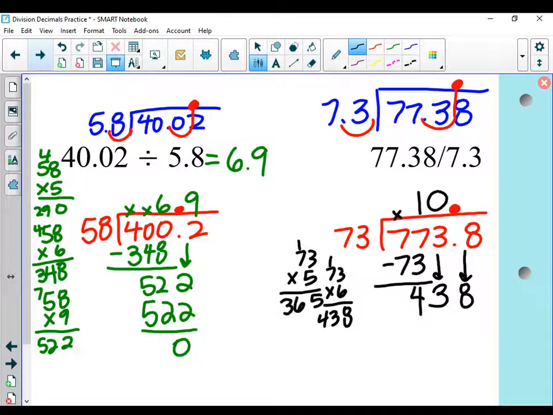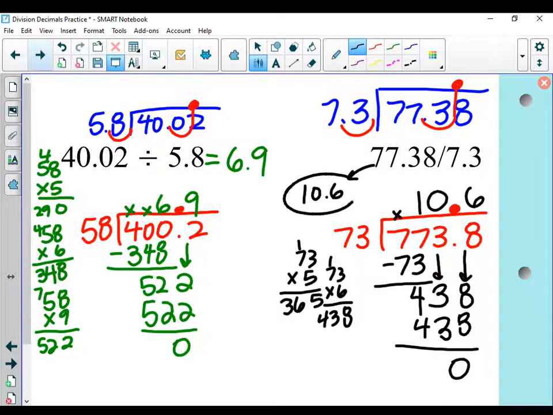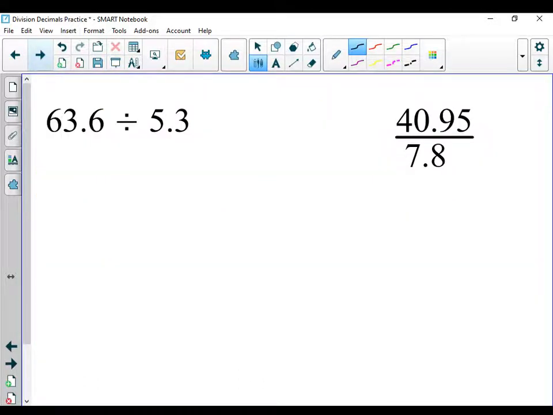Hey, not too bad. Got it on my second guess. Do I need a negative? Not this time. Last 2. Go ahead and pause, please.